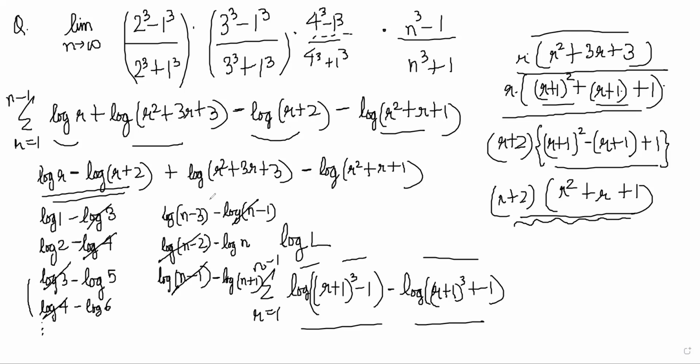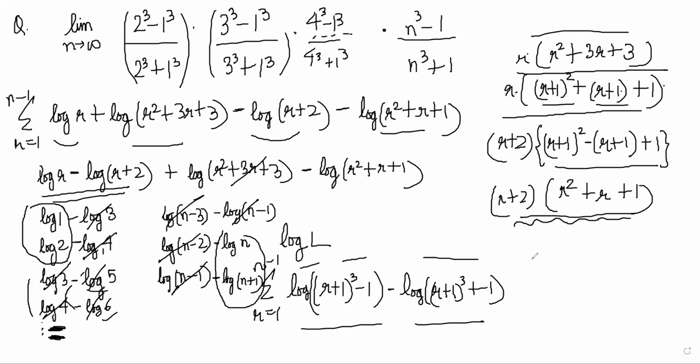N minus 2 should have cancelled with the previous term, right? So hopefully all of these terms will get cancelled. 5 and 6 will cancel eventually with some lower terms. 5 will come here, and 6 will come here, right? So you understand all of these middle terms get cancelled except the first two terms here and the last two terms here, right?